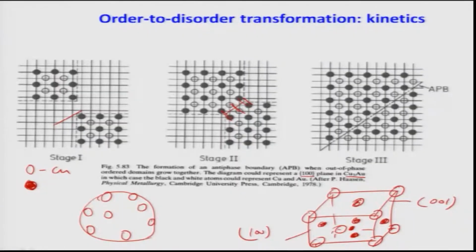Okay. Within this domain you have similar bonds, but outside that you have average bonds. So, once this one grows, the bonding characteristics of the region to which it has grown will also change.